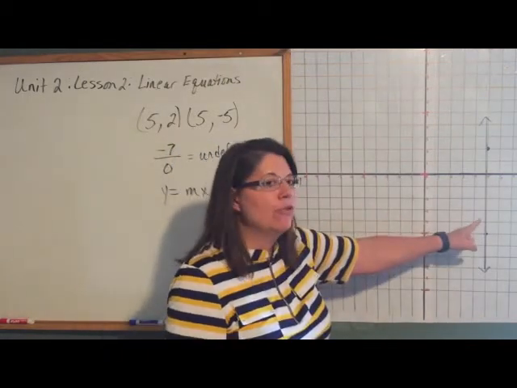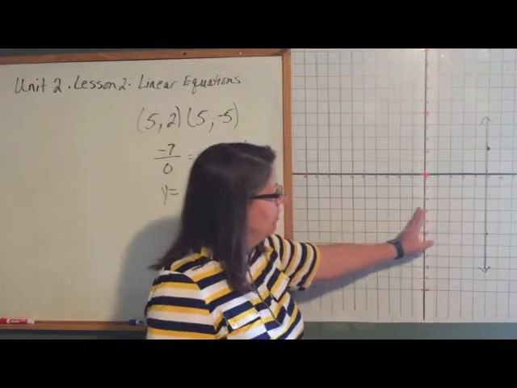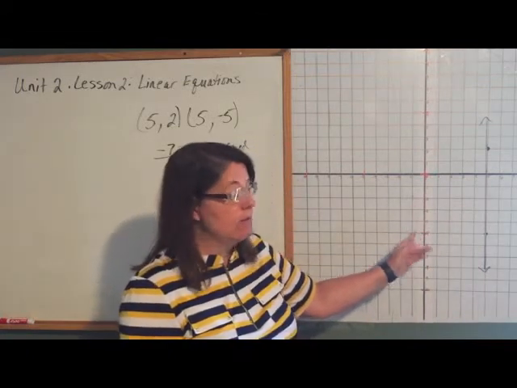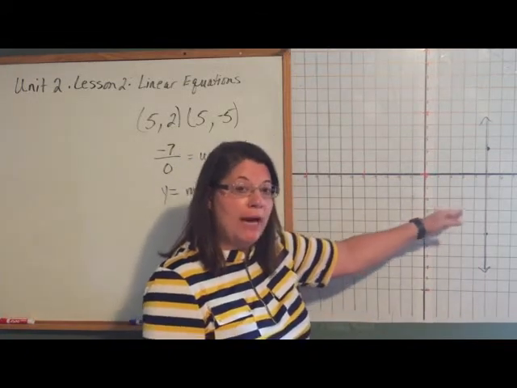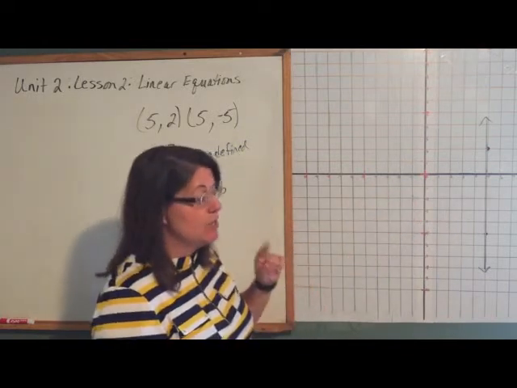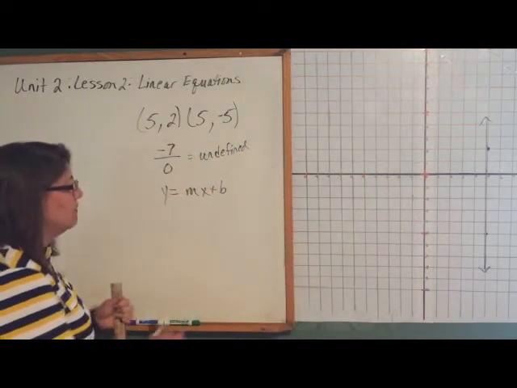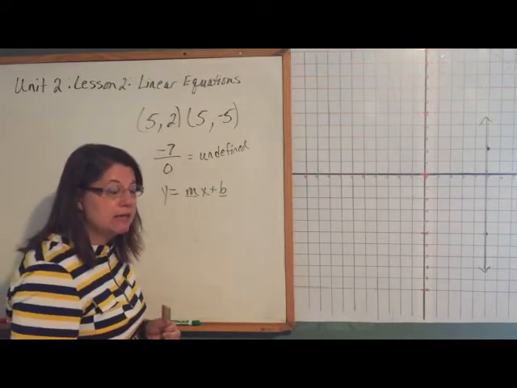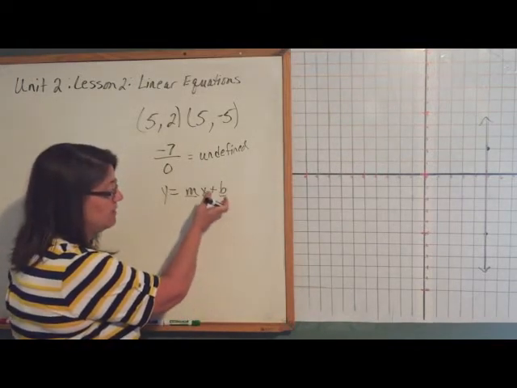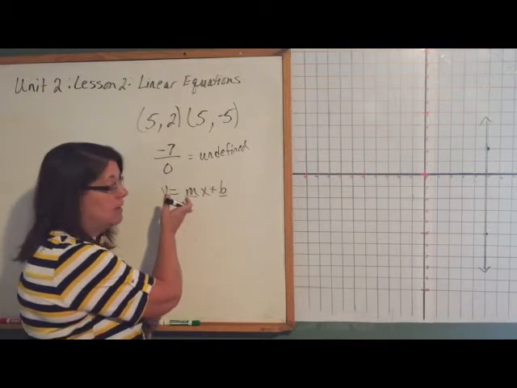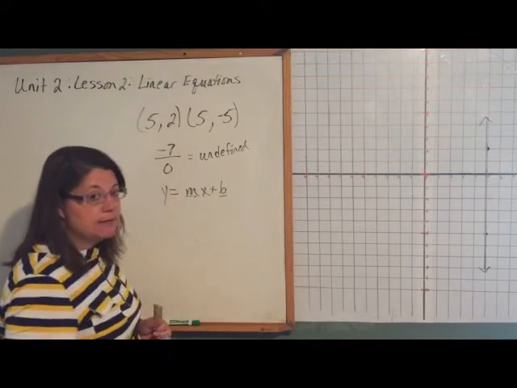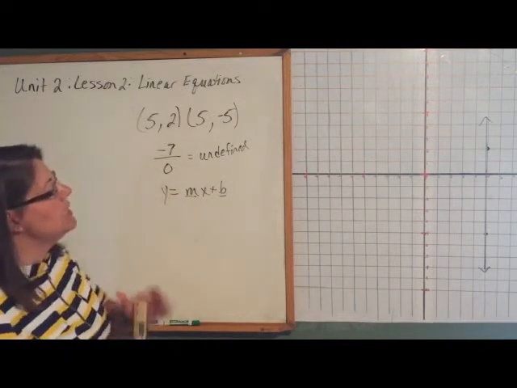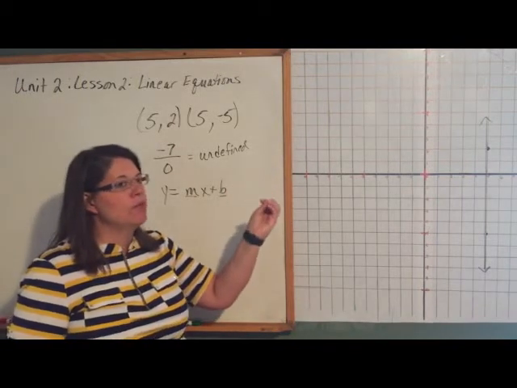Where does that cross the y-axis? Because that's what our b value is. Does it cross the y-axis? It doesn't. So we can't plug in for the slope or b. There's no way to do that because b doesn't exist and m, there is no slope. It's undefined.